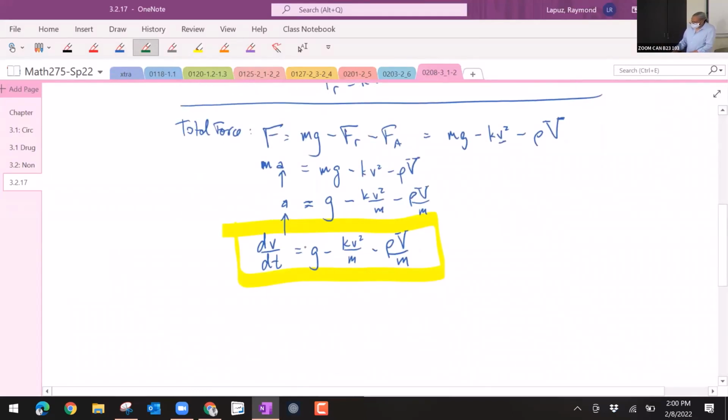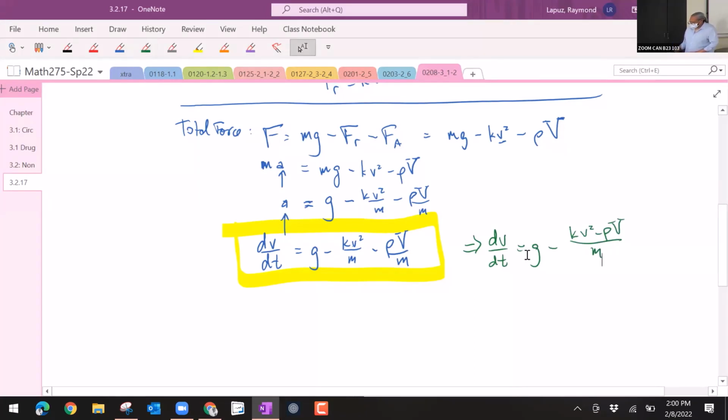So really you just have v by itself. So this is a separable differential equation. Actually, let's write this as dv/dt is equal to g minus (k v squared minus rho capital V) divided by m.